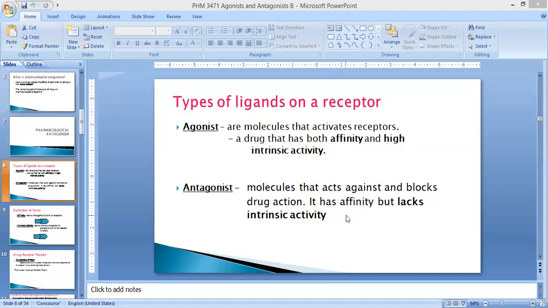Essentially, an antagonist just goes and sits on the receptor, but it has no further action. It just sits on the receptor and prevents the endogenous ligand from coming and eliciting an action. So an agonist has both affinity and intrinsic activity, whereas an antagonist only has affinity.